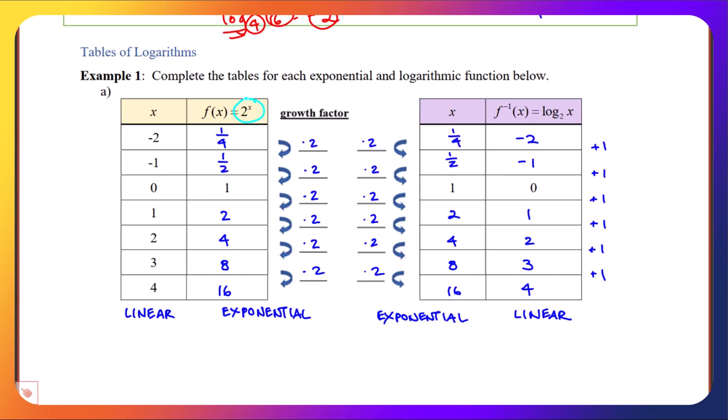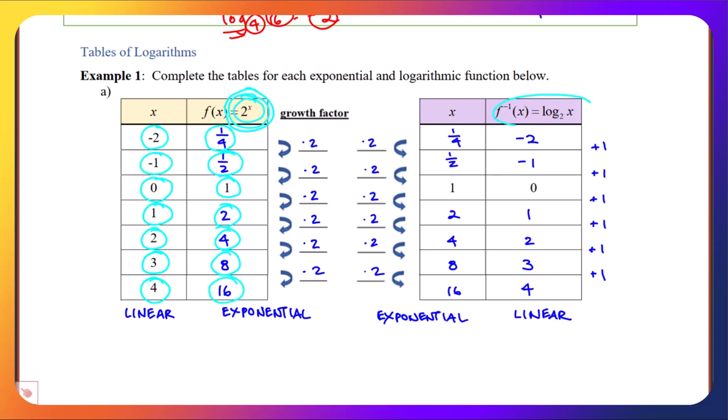So 2 to the -2 is 1/4. 2 to the -1 is 1/2. 2 to the 0 is 1, etc. 2 to the third is 8. 2 to the fourth is 16.